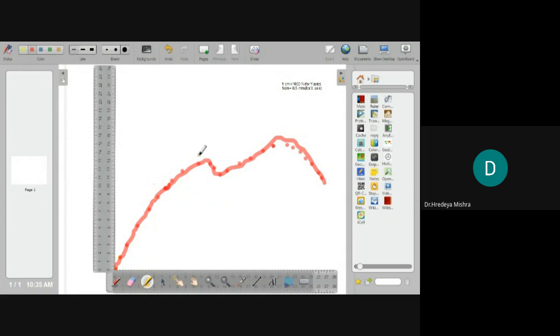You can see this is your proportionality limit, and here your B point, A point.